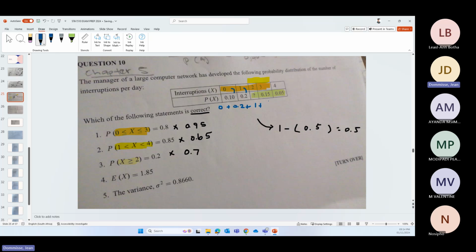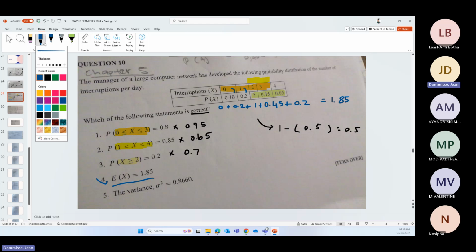Plus 3 times 0.15 is 0.45. And then I will just need to multiply on a calculator. 4 times 0.05 is 0.2. Okay, so let's add all of that together. So 0.2 plus 0.45 plus 1 plus 0.2 is equal to 1.85, which is that one. So that is correct.